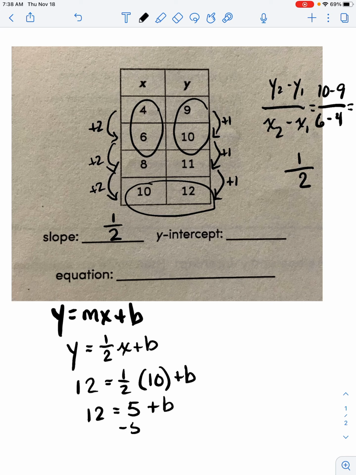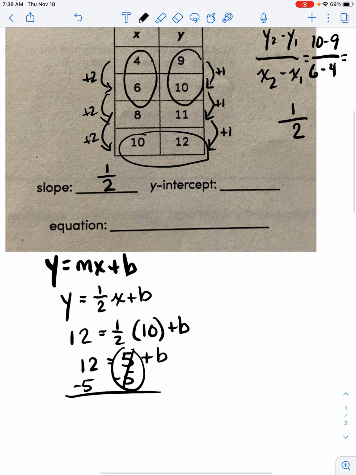Let's subtract the 5 from both sides. We're left with b equals 12 minus 5, which is 7. So the y-intercept is 7.